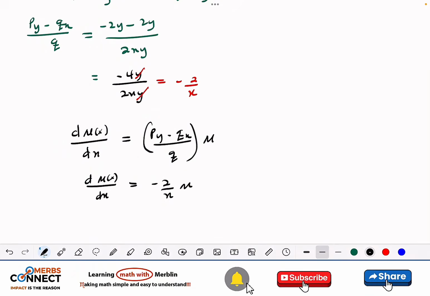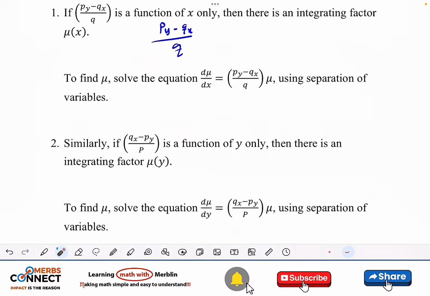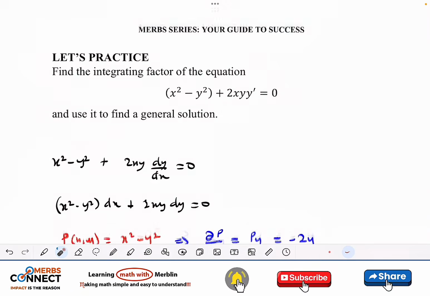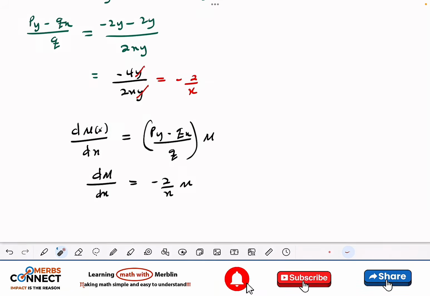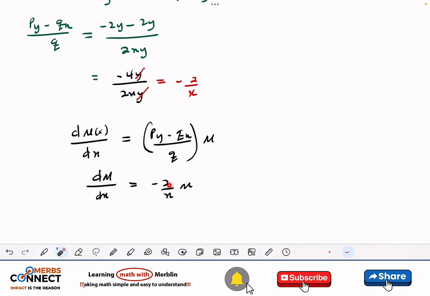So we are back to separable. Let's separate this because we have the d mu, right? And we have the x. We know that it's in terms of x, but let me clean up the x so that we can just see that this is the d mu. So we have the d mu over the dx as we saw it here, and then we have 2 over x mu.